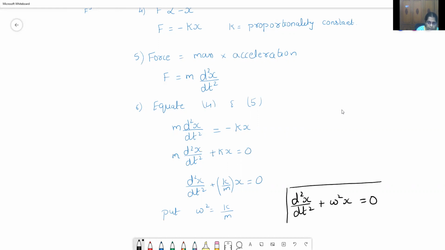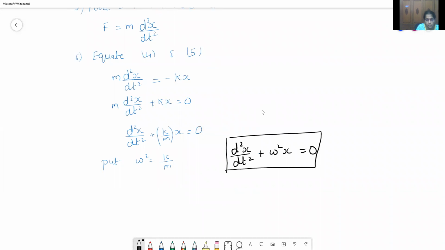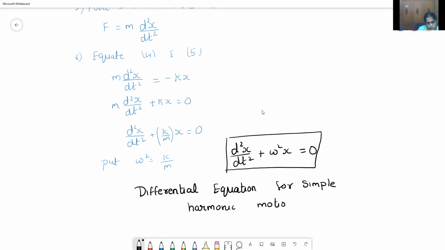This is the differential equation for simple harmonic motion. Okay, so these are the basics of simple harmonic motion. Okay, thank you.